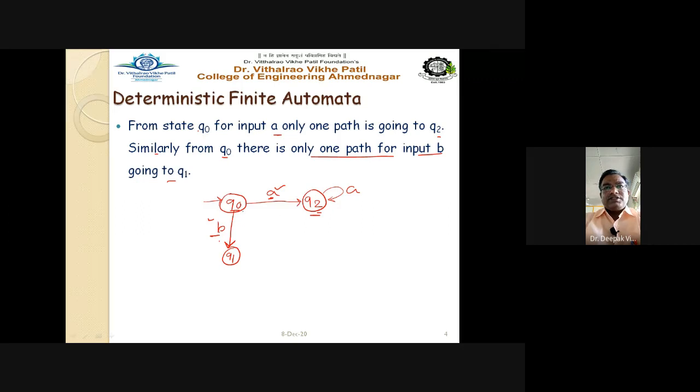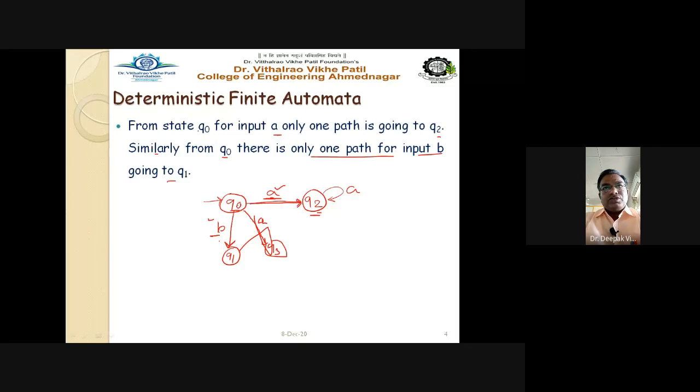Say for example Q0 on A, there must not be any transition like Q0 on A leading to Q3. Multiple transitions on the same input symbol are not possible. This is the case of your NFA, the non-deterministic finite automata. But in case of DFA, only one input symbol leads to only one next state.